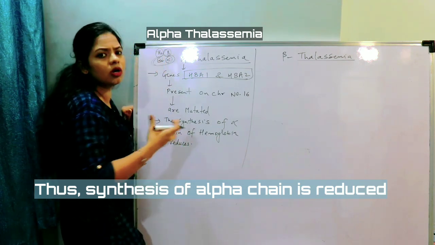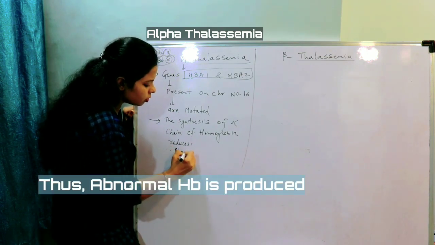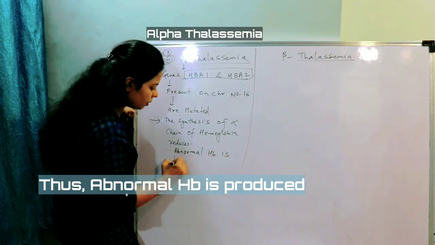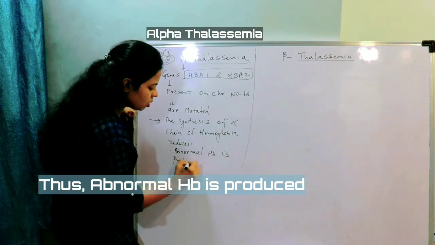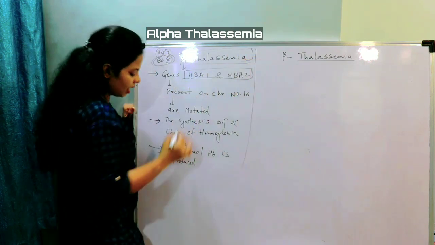The hemoglobin will not look normal, therefore abnormal hemoglobin is produced. Therefore this person suffers from alpha thalassemia.